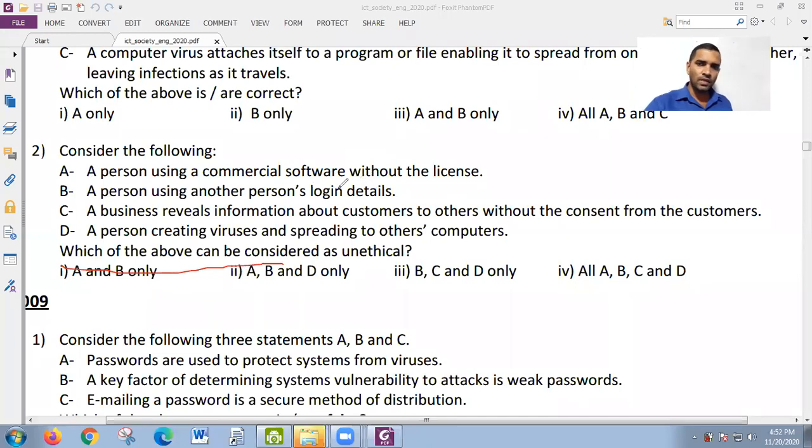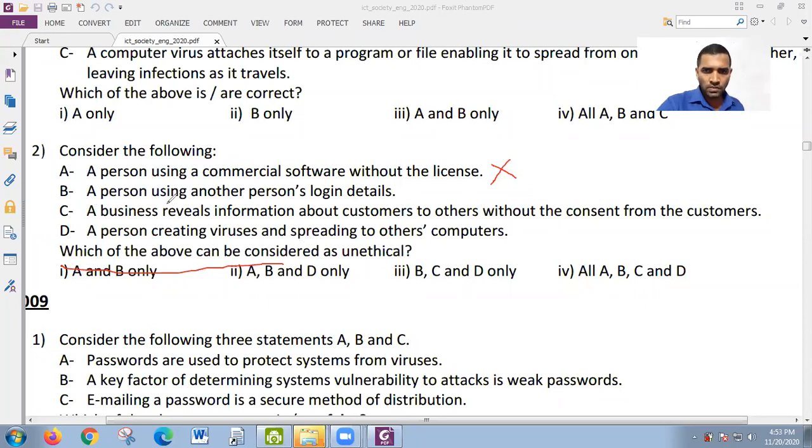Is it an ethical action? You are using commercial software without having a license, which means without purchasing, right? Without purchasing, you are using a licensed product. That is not the ethical one, right? That is illegal, unethical. So the first one is unethical. The question is about unethical activity, and the first one is unethical.